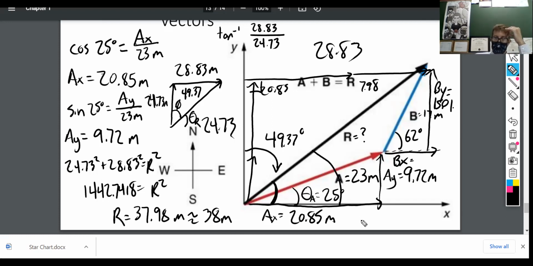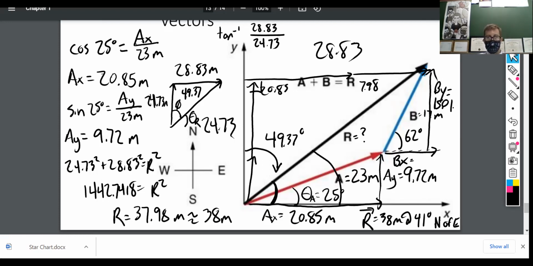So we could say that our final answer, vector R, is 38 meters at 41 degrees, and you could say north of due east, or you could say above horizontal at 41 degrees. I'll say north of east, because the x-axis is like due east, and we've opened up our angle 41 degrees from there to know the direction of R. So that's using vector resolution to solve vector addition.